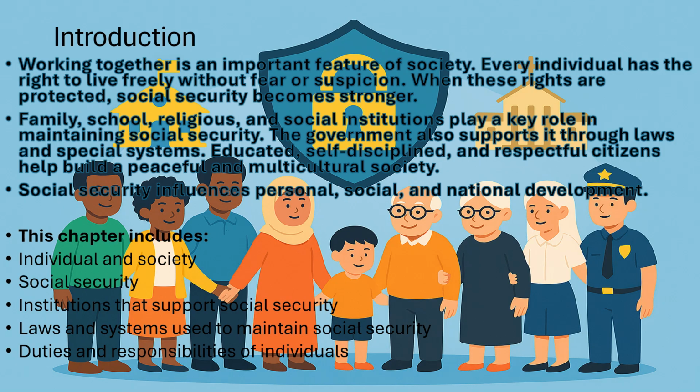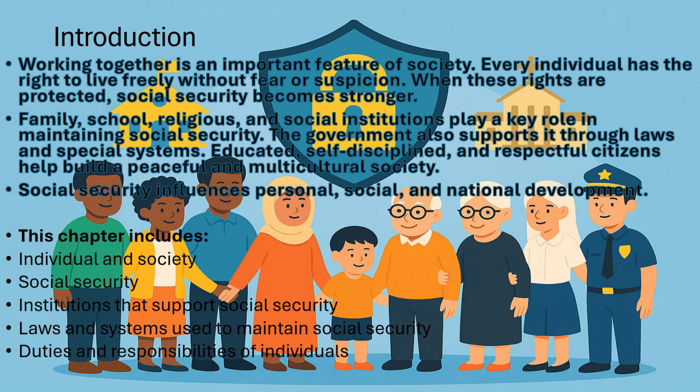The government also supports it through laws and special systems. Educated, self-disciplined, and respectful citizens help build a peaceful and multicultural society. Social security influences personal, social, and national development.